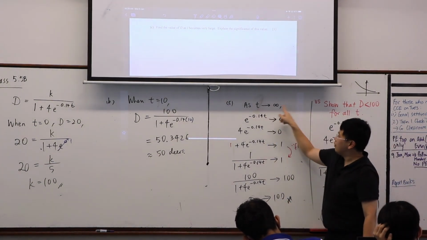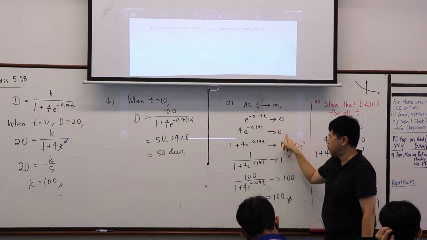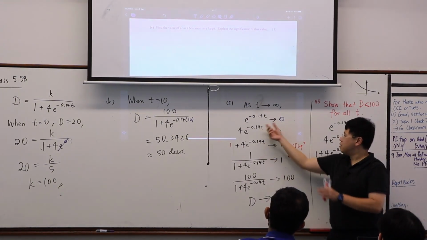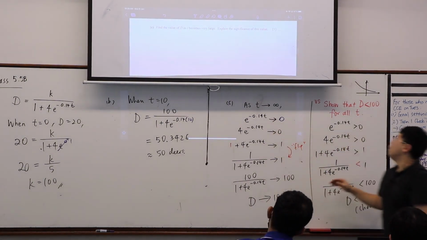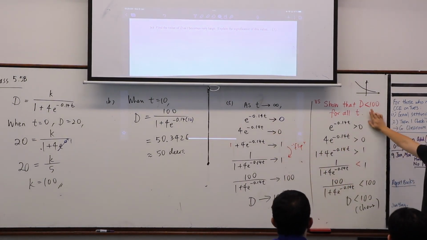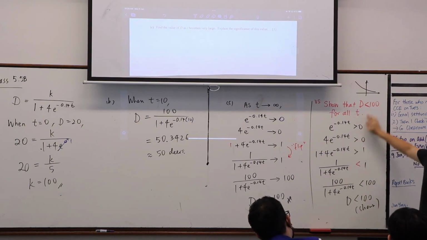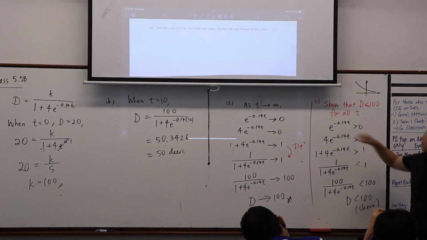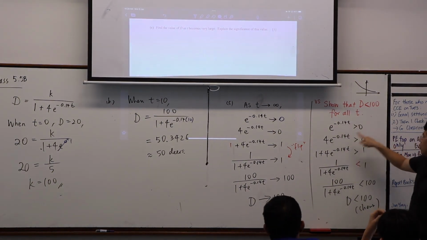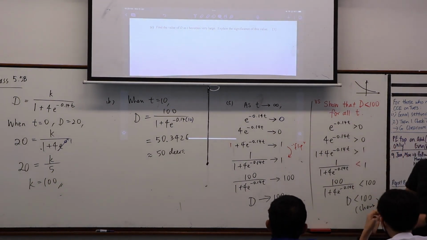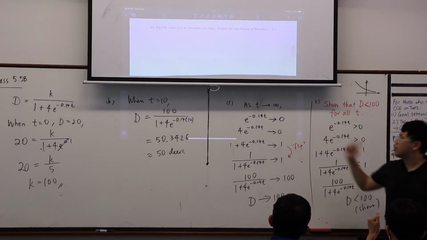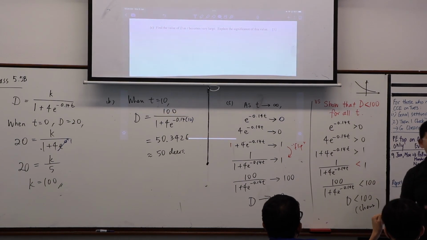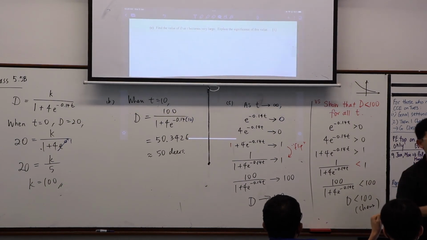As t becomes very large, this becomes 0, this one becomes 1, this one becomes 100. But if they ask for an inequality, then we need to start with an inequality over here as well. So this is more than 0, this one more than 0, so play with the inequality. The working is similar, it's just that the symbols and the sentences we use are a bit different.